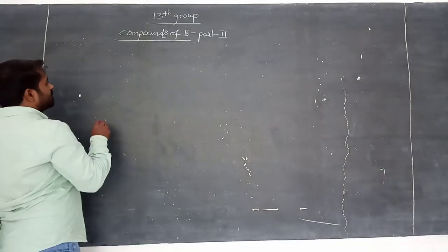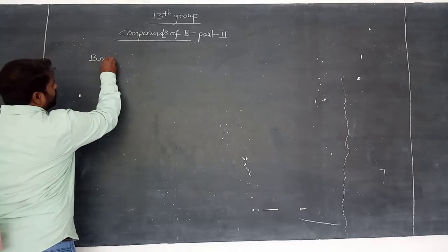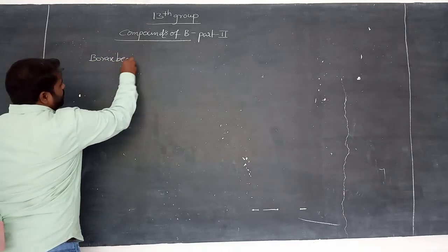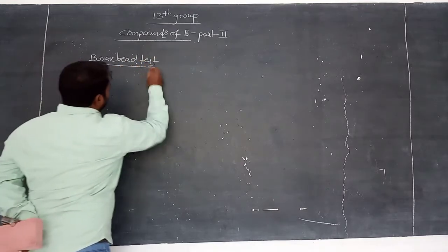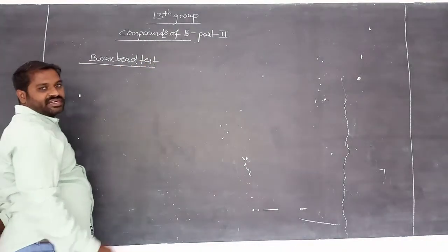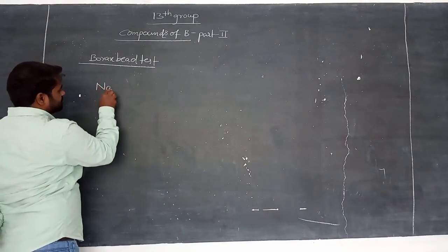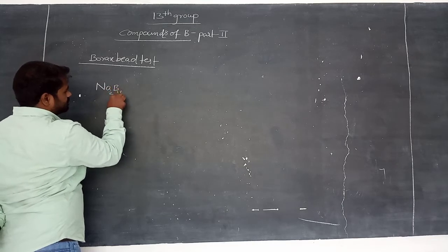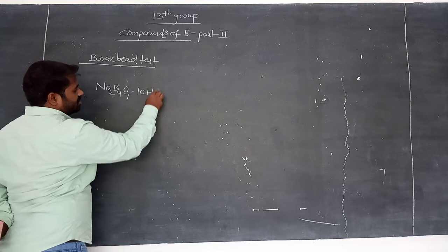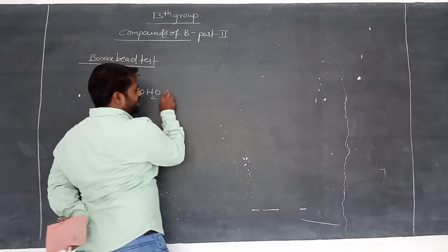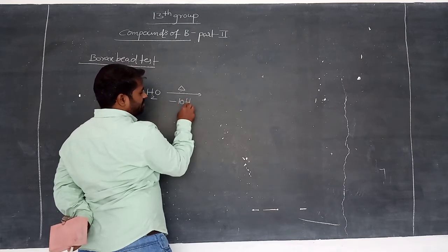Okay. So yesterday we discussed the borax bead test. So what is the borax bead test here? We are taking borax decahydrate, Na2B4O7·10H2O, which undergoes heating. It loses 10 moles of water. Am I right?